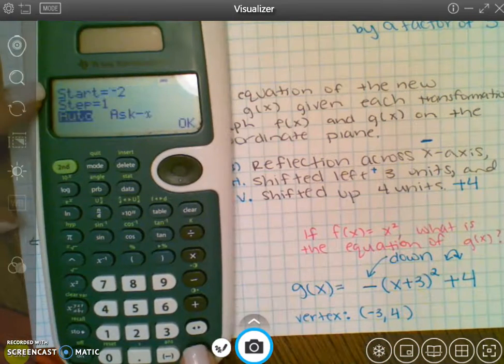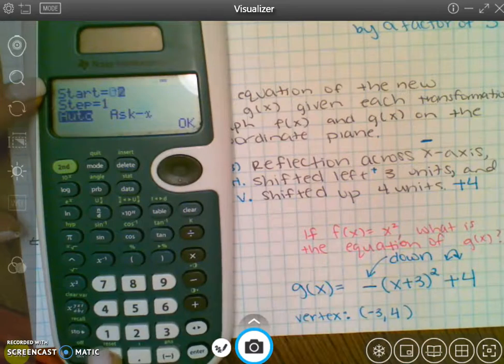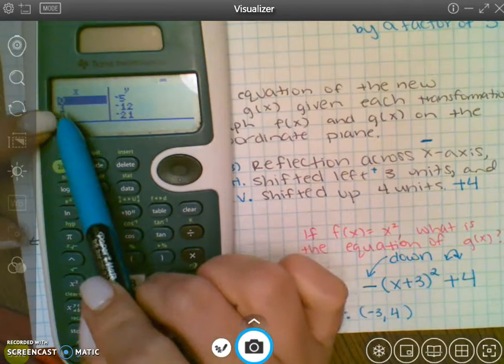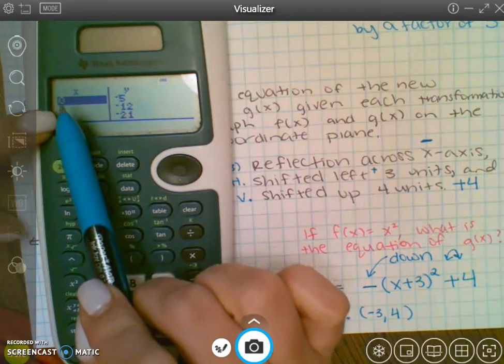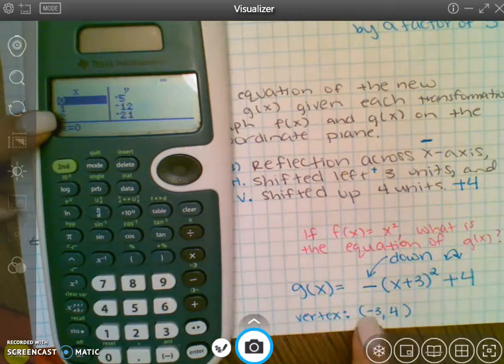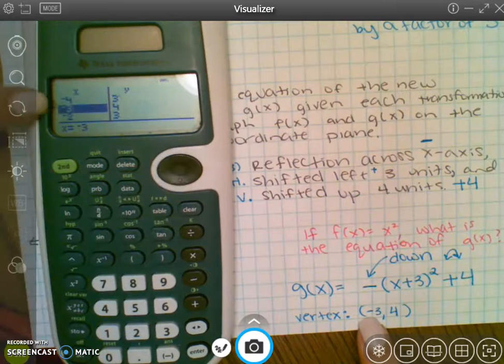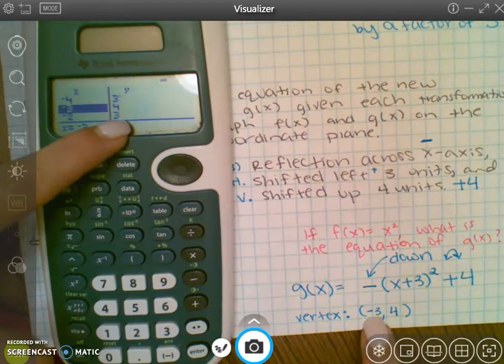So now, let's just say we started. So I'm still going to show that it starts at 0, but I really don't want to start at 0. I want the middle of my table to be where my vertex is. So I'm going to go up to -3. -3 is at 4, and that's perfect because it matches.